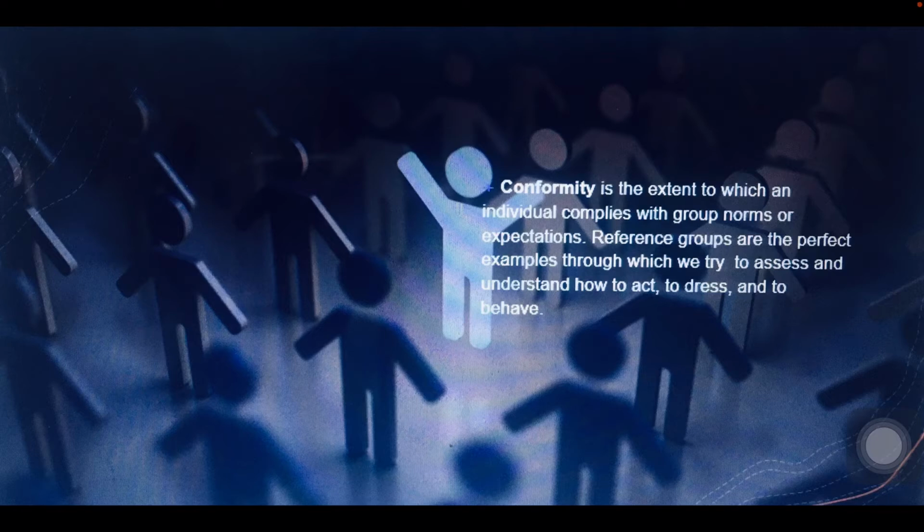This is all about our society, our group, our family, which is trying to train us in a certain way. And we, being individuals and part of that family, are conforming to their norms and rituals and trying to behave like a member of that particular group.